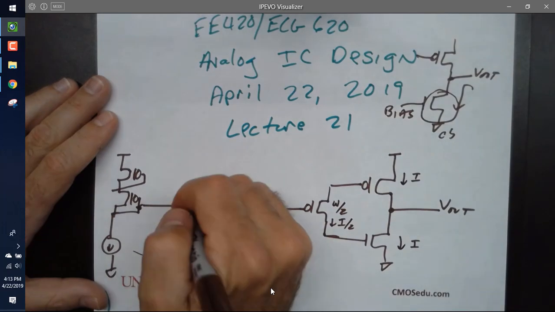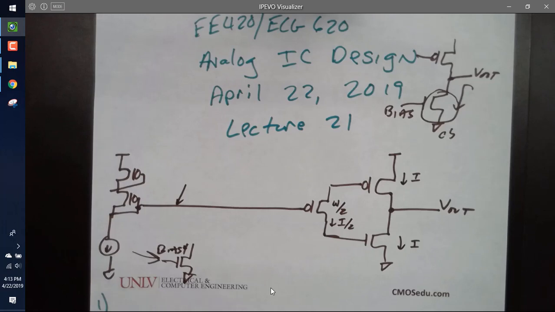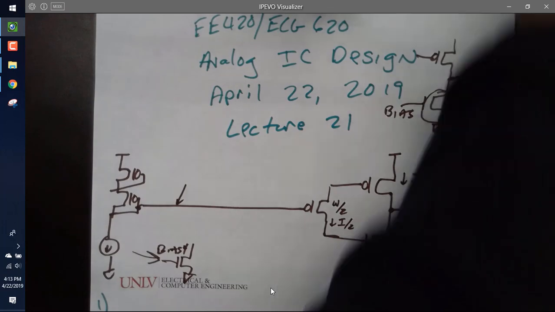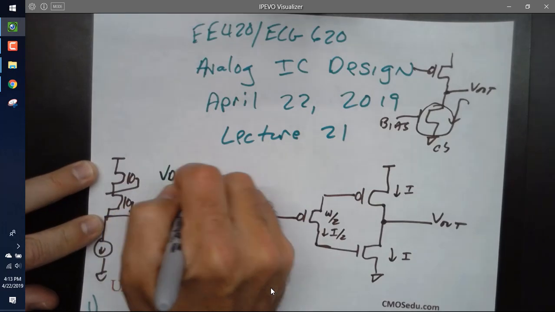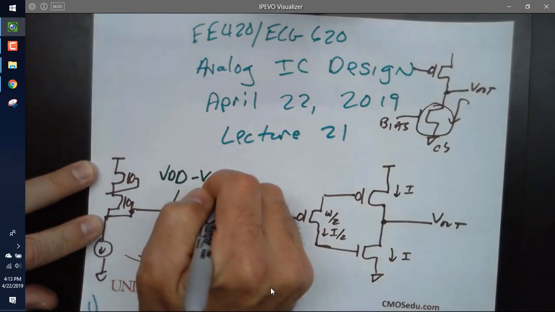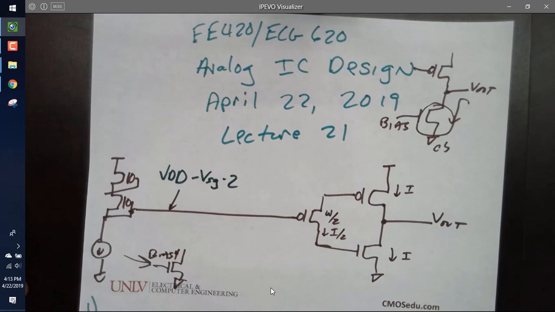If I do that, what is this voltage here? This is all repeating stuff we've gone over 100 times. What is that voltage? VDD minus VSG times 2. Anybody agree with that?